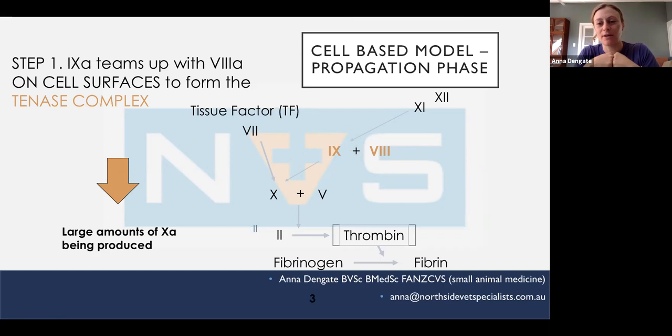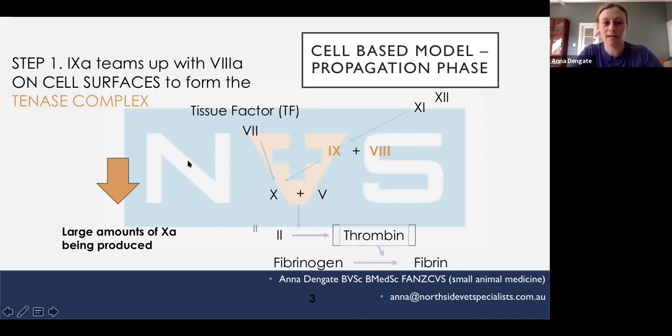If we remember what the suffix -ase means, it's what we use to describe enzymes. It changes something to something else. And if it's a 10Ase complex, we're changing factor 10 to factor 10A. So this factory, made up of factors 8 and 9, is designed to produce huge amounts of factor 10A.